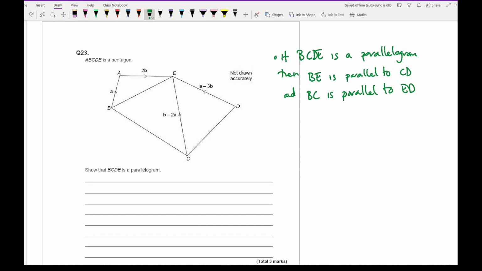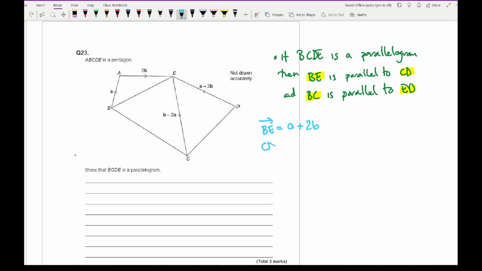So I need to find the vectors of each of these four lines. Looking at B to E, that is going to be A plus 2B, and I can't simplify that.